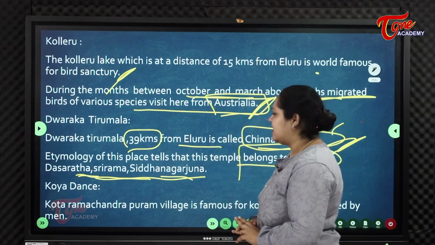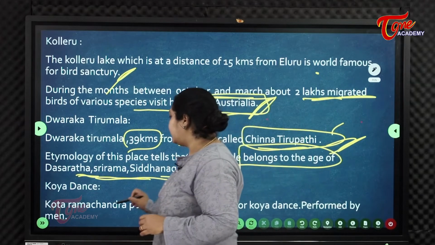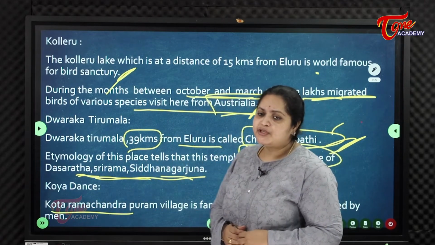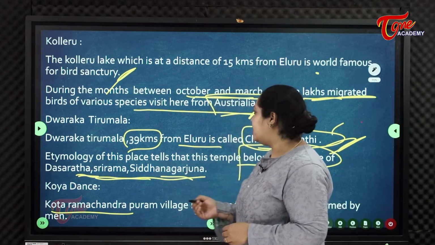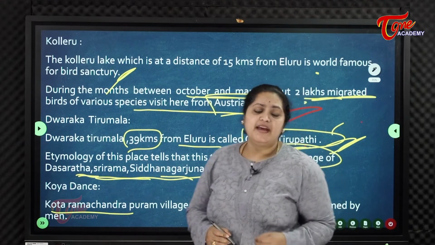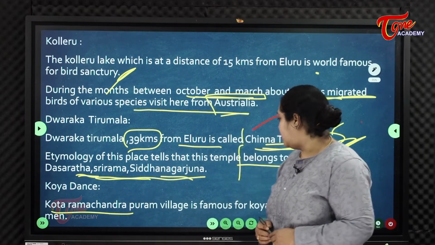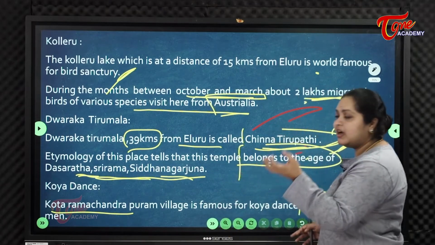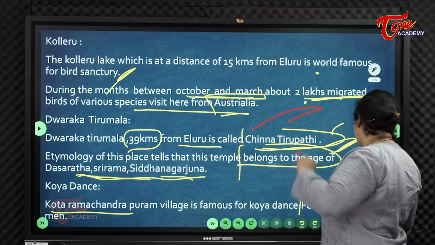Next, Koya dance. In Kota Ramachandrapuram village, there is a famous dance performed by tribal men, called Koya dance. It is especially performed by men of the particular Koya tribe.